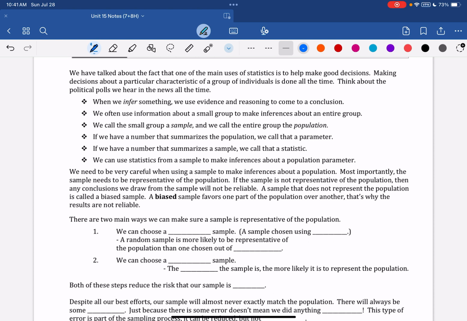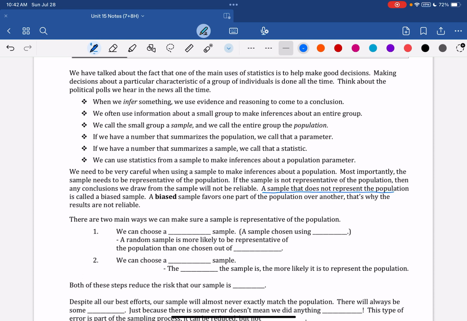Okay, so we need to be very careful when using a sample to make an inference about a population. Most importantly, the sample needs to be representative of the population. If the sample is not representative of the population, then any conclusion that we draw from the sample will not be reliable. A sample that does not represent the population is called a biased sample. This happens all the time.